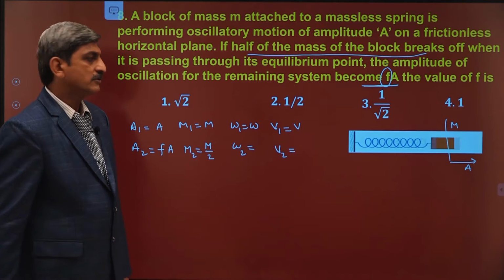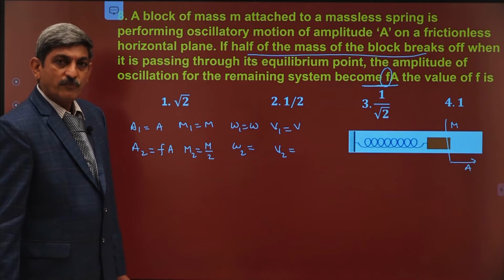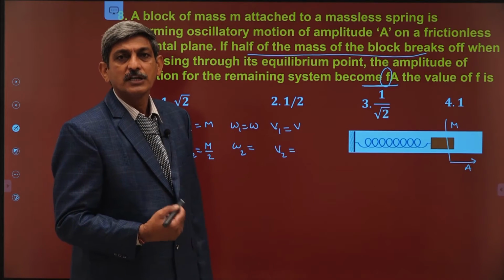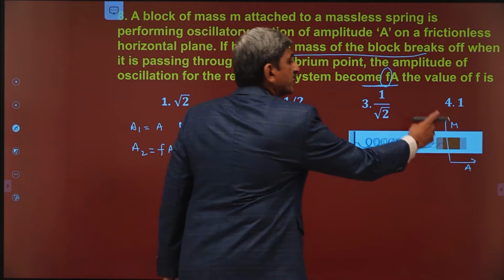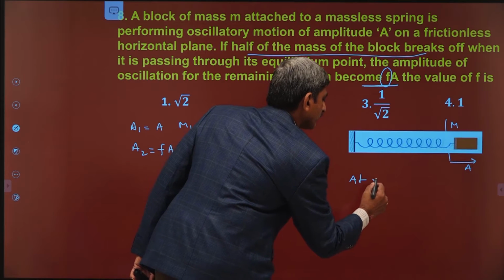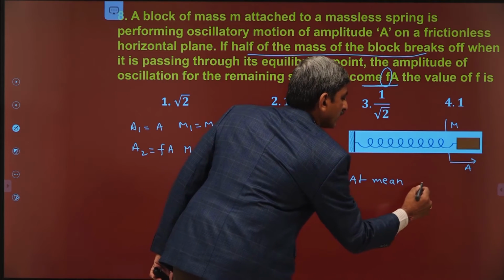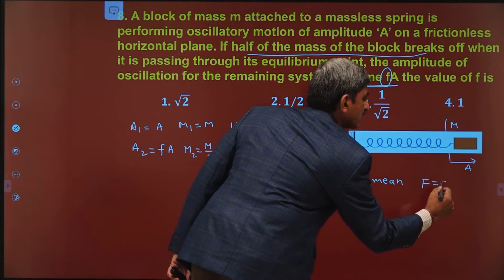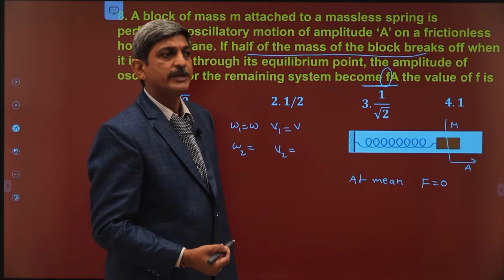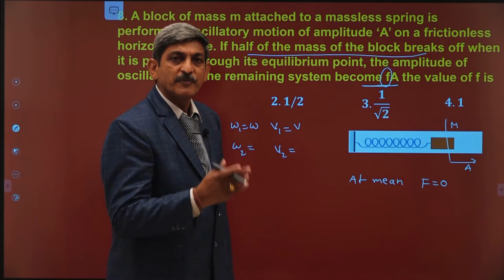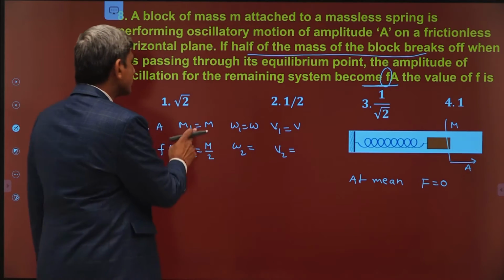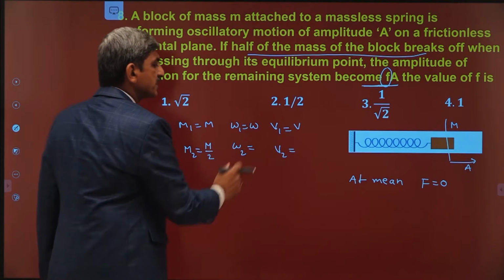Then what we have to do? First of all, I am going to apply the law of conservation of linear momentum. We know that whenever the body is making oscillations at the mean position, the resultant force acting on the system is equal to 0, so we can apply the law of conservation of momentum. That means the total momentum before breaking is equal to the total momentum after breaking. Before breaking, the mass is m1 and the velocity is v1.